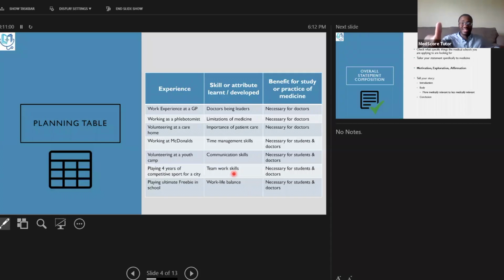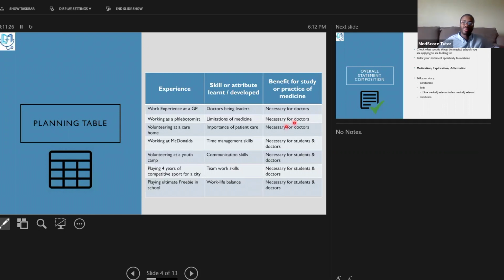And it's very similar to this: time management, communication skills, leadership skills, stuff like that. Those are key things that are seen across the board. So those are key things that you want to be discussing in your personal statements. But you want to tailor it to the specific university you're applying to, or at least look at the universities' requirements so you can at least touch on them.